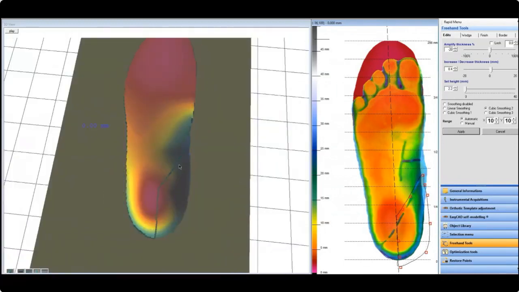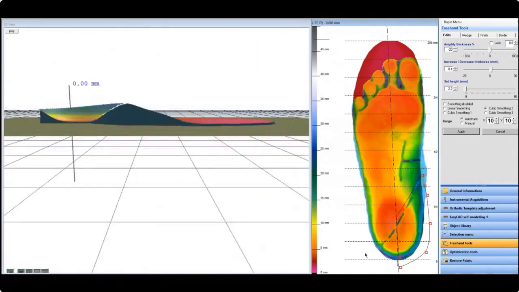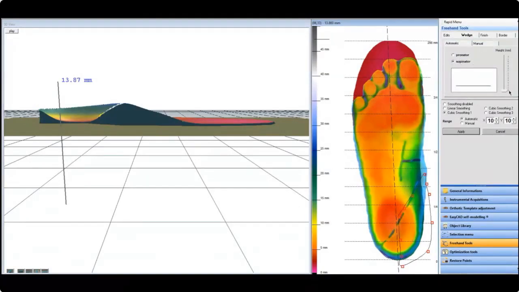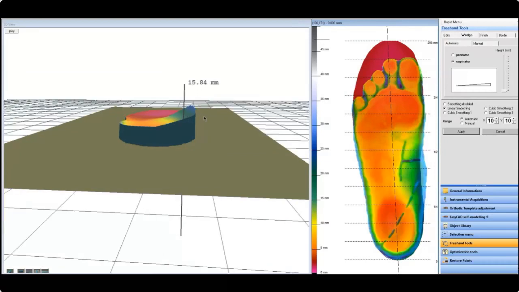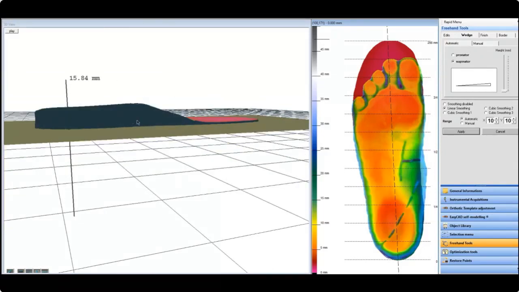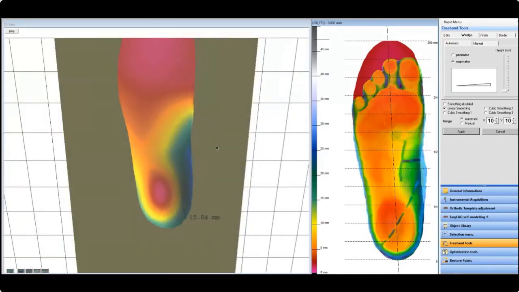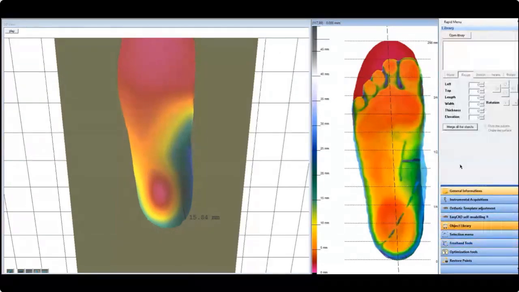You can see the area that I've selected on the 3D model. So I'm going to make an inversion shelf at that point. I will select a degree of inversion correction. I'll apply that, and now you can see that the slope has been applied to the model. Now that's to address the medial subtalar joint axis.